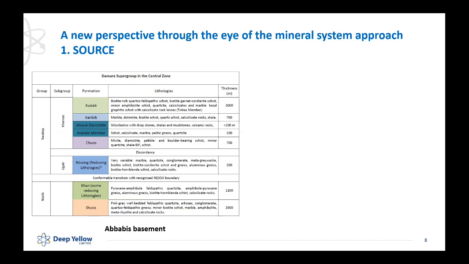And at the top, you have the Rössing formation, and it's very variable. You have lots of marbles, biotite schists, some minor quartzites, very small units, including calc-silicate rocks, very heterogeneous. And I'll come back to that point.